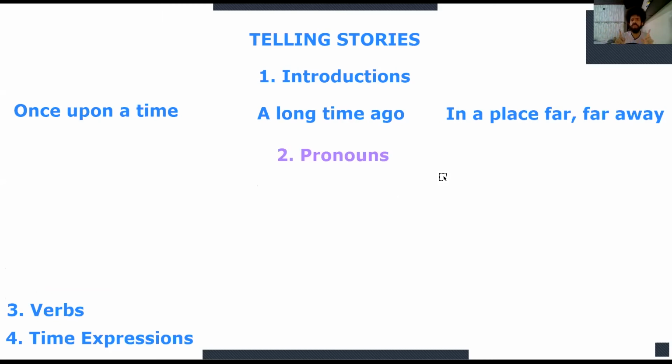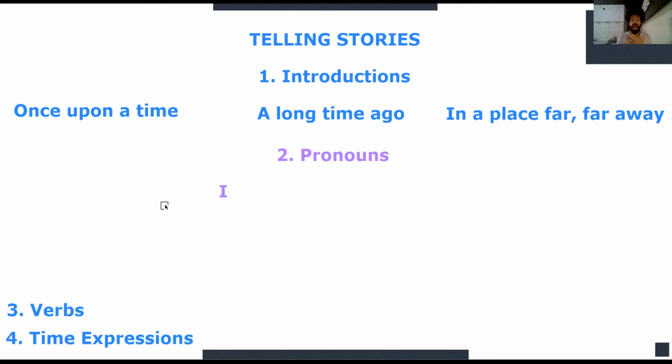The second one are the pronouns. Why are the pronouns so important? Because normally, your story will have one central pronoun, which is the person who is telling the story. You have two principal pronouns, and normally almost 100% of the books, the stories, the short stories, they use one of these two central pronouns.